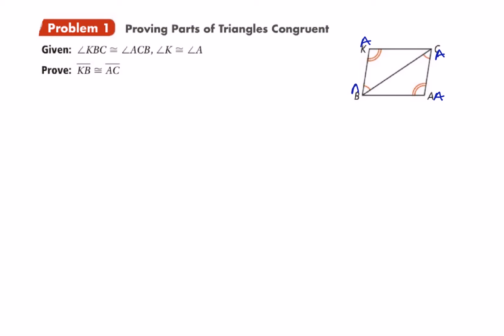This one's congruent to this one. And then this side is congruent to this side. So the side right here is not sandwiched between the angles. So we've got angle, angle, side. That's the postulate I'm going to use to show the two triangles are congruent. So let's go ahead. I'll back this up. And we'll do that.